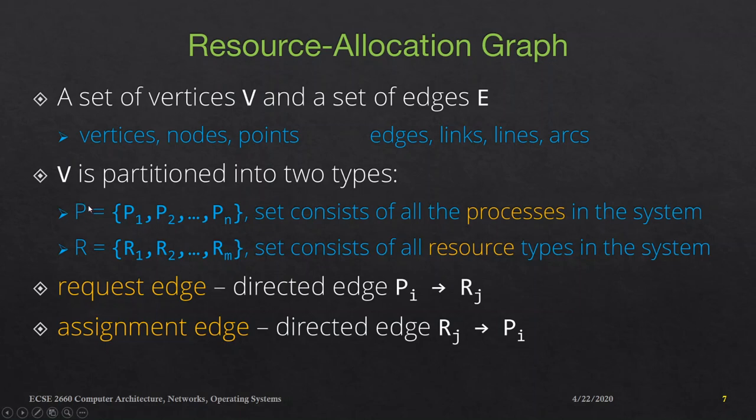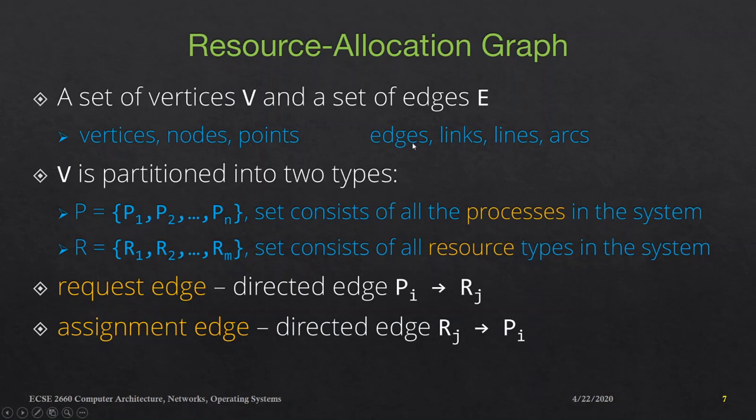We are calling that P. They are again vertices in the graph. Resource R is the second type, and that's a set consisting of all the resource types. These are not resource instances, these are resource types in that system. So R1, R2, R3, and so on. So we have vertices that could be either processes or resource types. And those are your vertices or nodes or points.